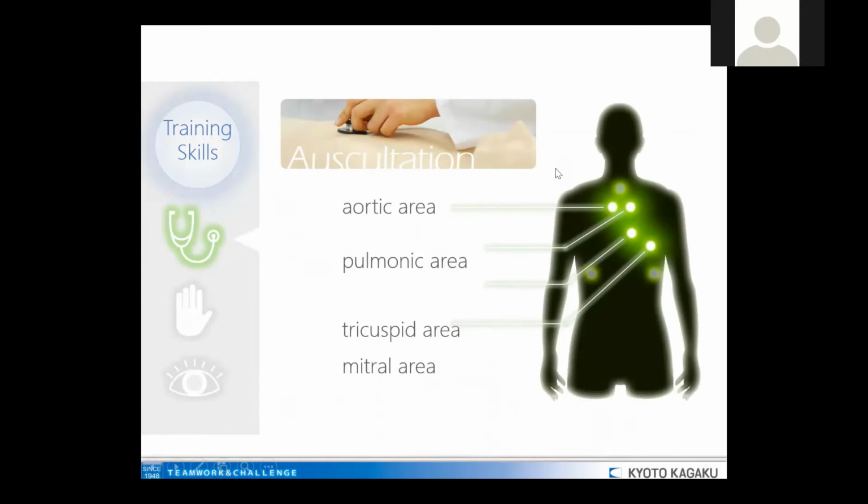The first is the aortic area, this one, and then the pulmonic area, the tricuspid area, and the mitral area. Sorry, this should be here because for some reason it went down, but there are these 4 different areas to auscultate. And actually, these are the places in which the speakers are inserted inside the mannequin body.